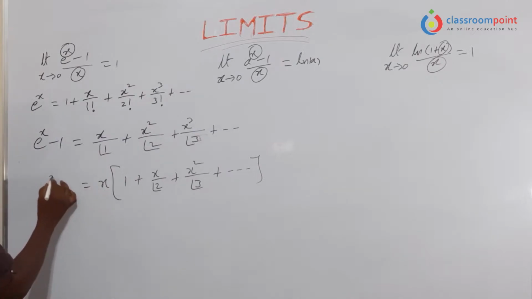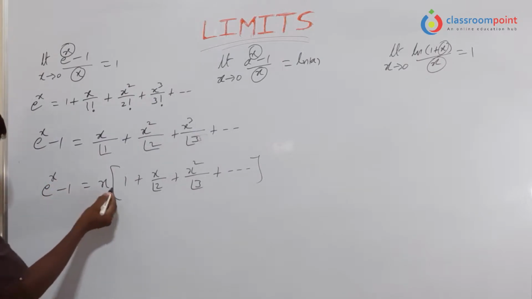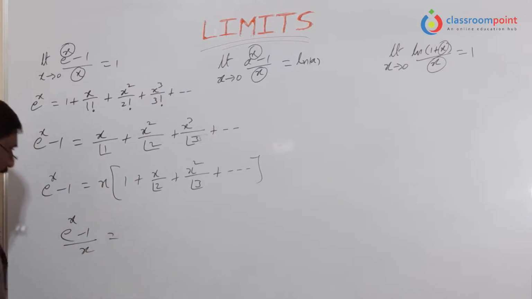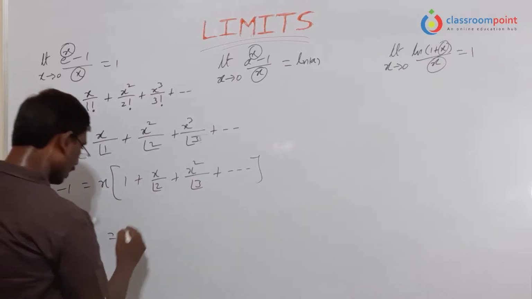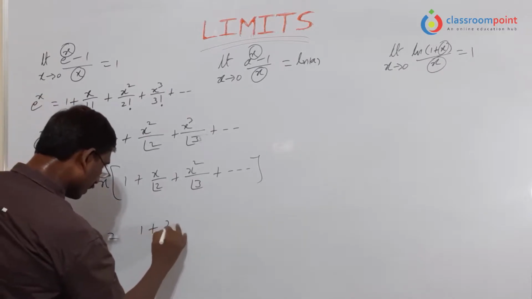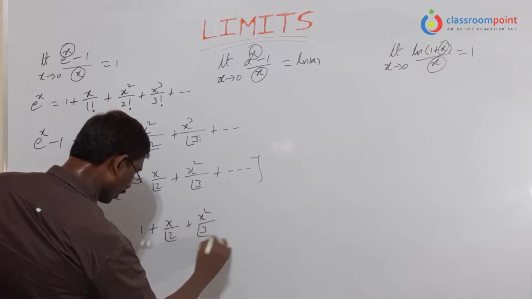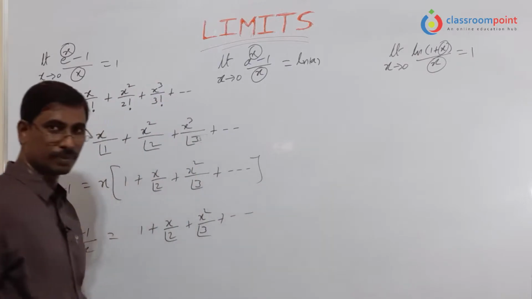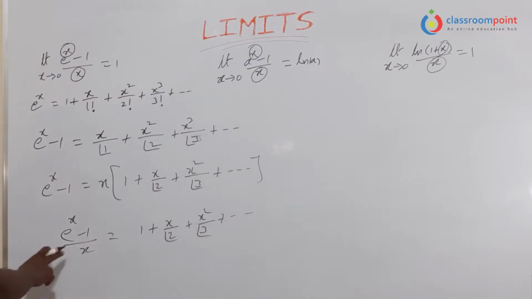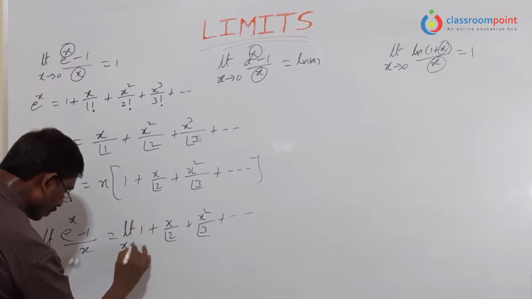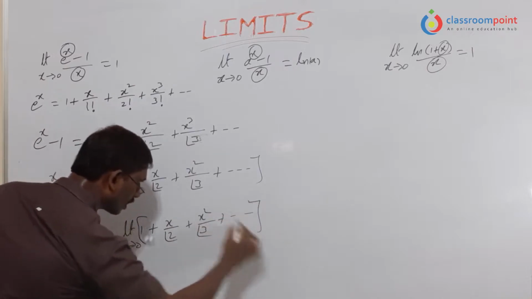Then here we already have e power x minus 1. x send to this side. E power x minus 1 by x is equal to the remaining 1 plus x by 2 factorial, x square by 3 factorial and so on. Then what to do? Take the limit on both sides, limit x tends to 0, here also limit x tends to 0 of this total series.